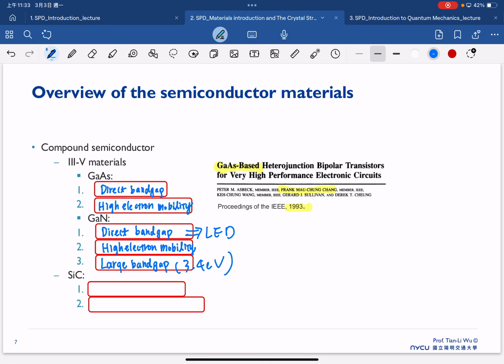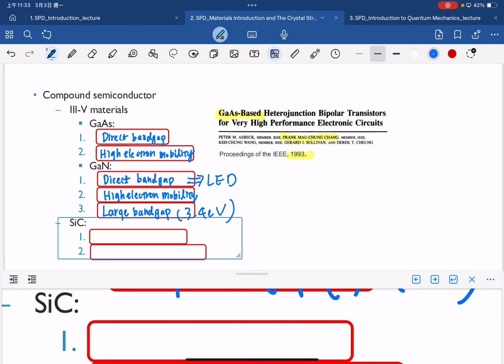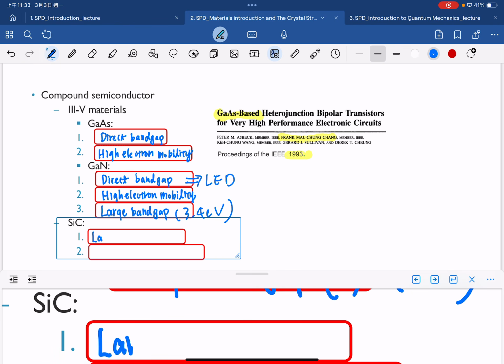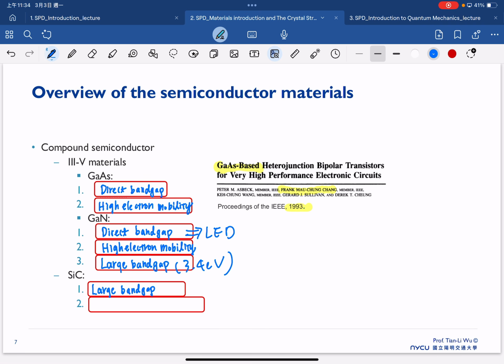And silicon carbide also has the properties of large band gap, and also very good thermal conductivity.